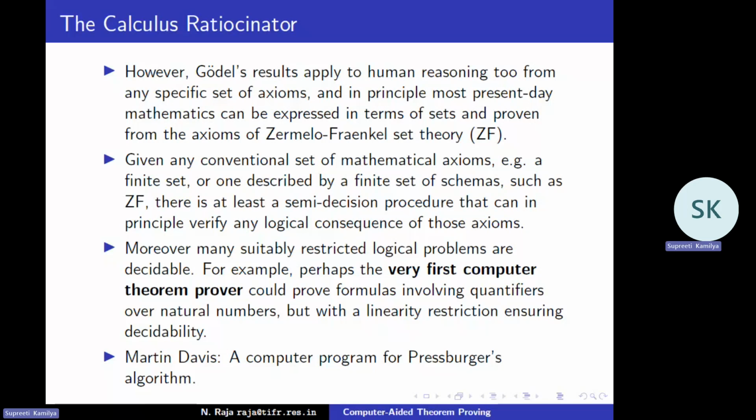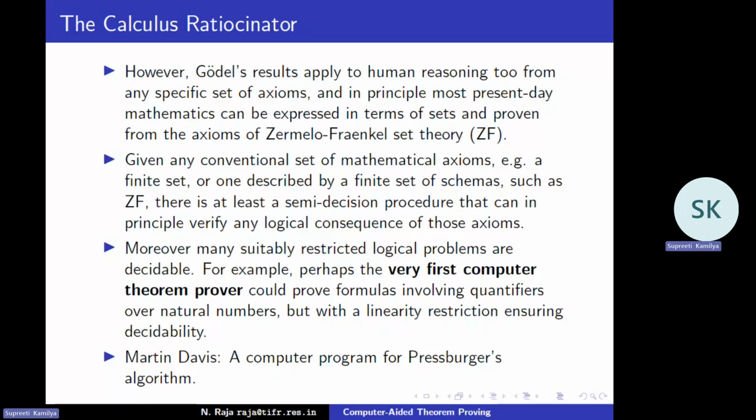And then there is Martin Davis's work, the first computer program for Presburger's algorithm. So this was the first computer theorem prover, so to speak, which could prove formulas which involve quantifiers or natural numbers and which had a linearity restriction ensuring decidability.